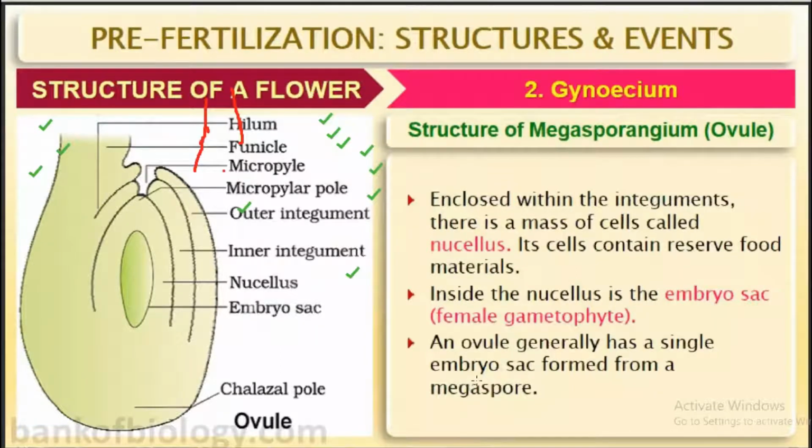How is the embryo sac formed? The embryo sac is formed from a megaspore. So again we have a doubt, how is this megaspore developed? Yes, the very next moment we are going to study that. So before that I have to rub all this unwanted tick mark and all. Okay.